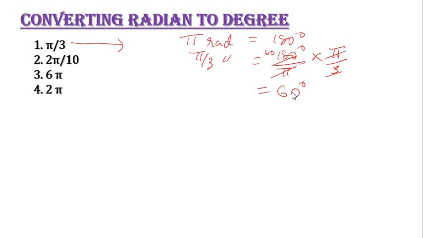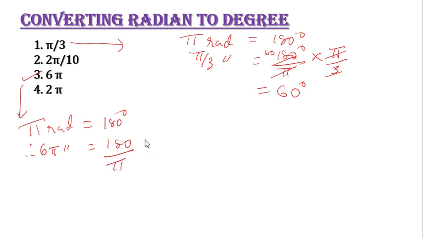Okay, now let's do one more, and the rest two are homework for you, you will practice on your own. See, let's say for 6 pi. Now see, we will again go the same way. Pi radian, pi rad, means how much? It means 180 degree. Okay, so therefore what will be 6 pi rad? 6 pi rad will be 180 by pi into 6 pi.